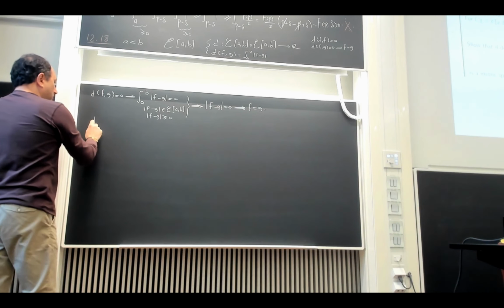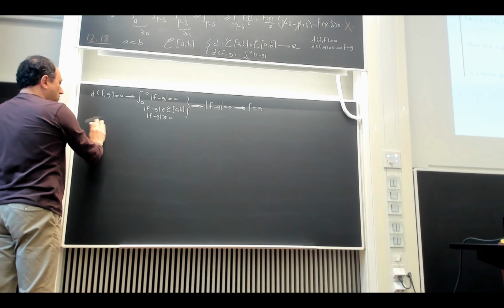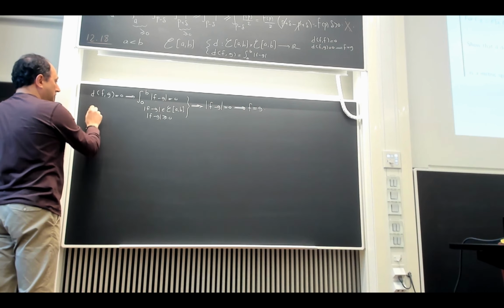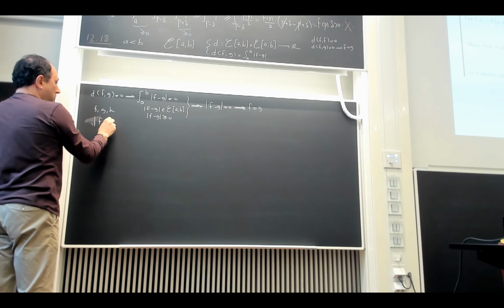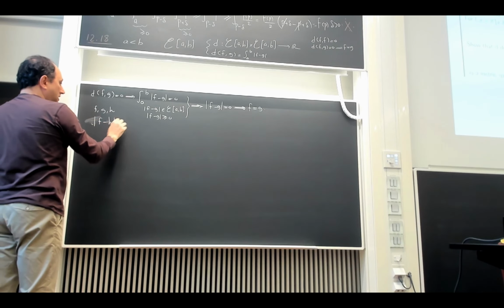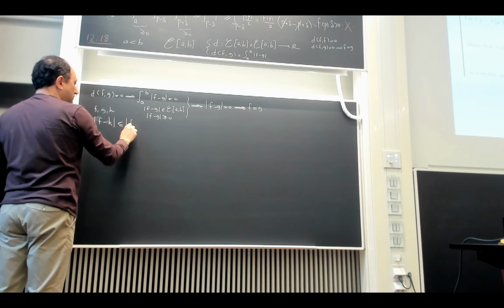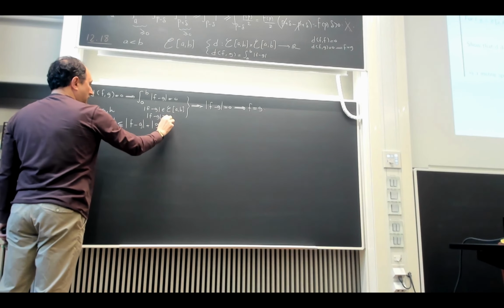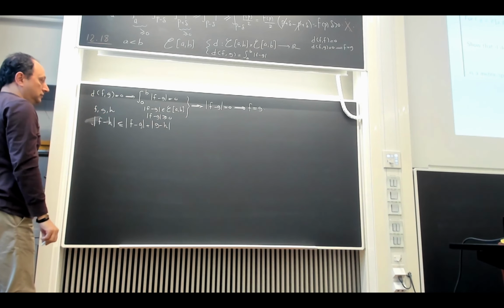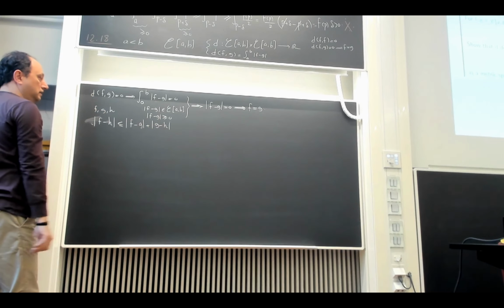For example, let us say that I have 3 functions f, g, and h. We know that the absolute value of f minus h is less than or equal to the absolute value of f minus g plus the absolute value of g minus h. Yes, this is the normal triangle inequality.